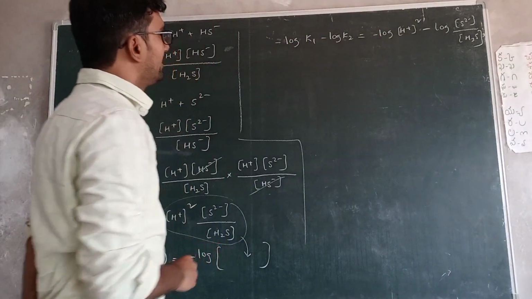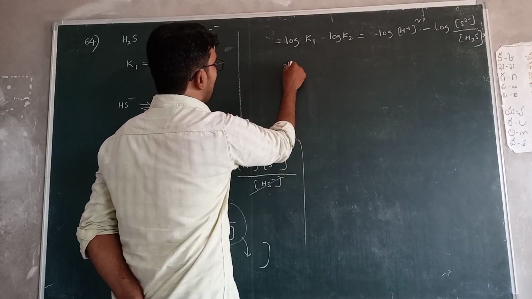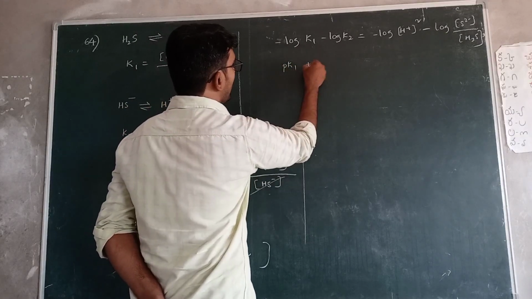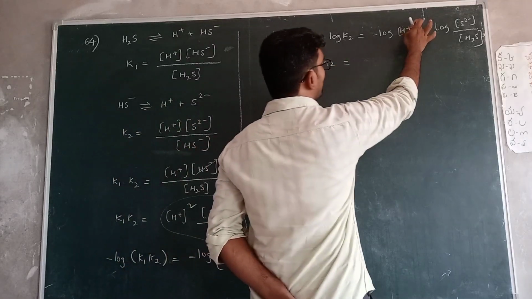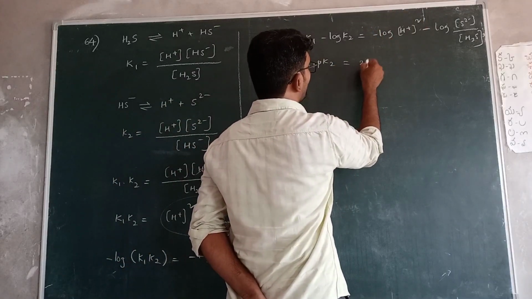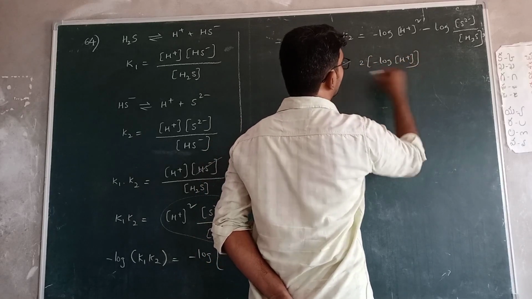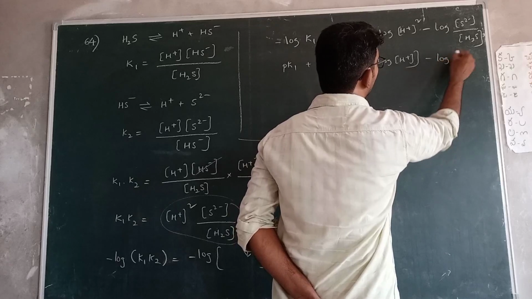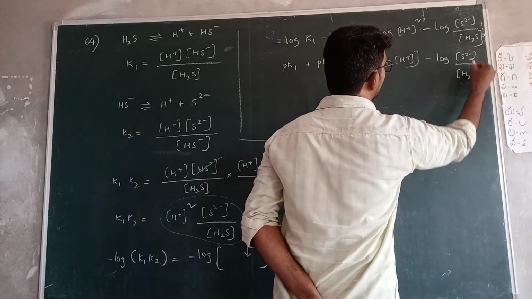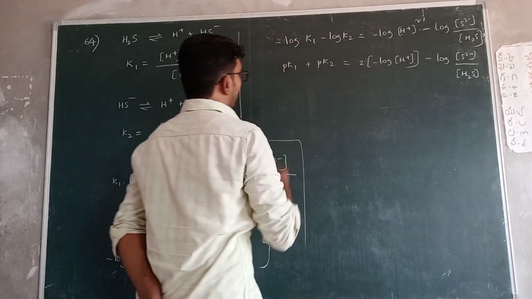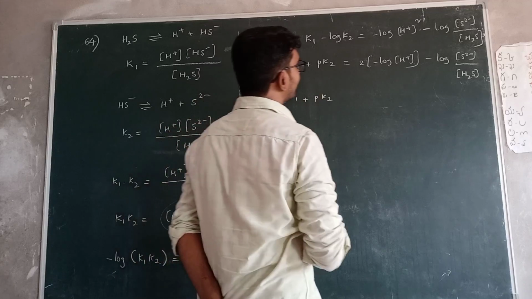Minus log K1 means pK1, so this is pK1 plus pK2. The 2 comes to the front: 2 into minus log concentration of H plus, minus log S2 minus by H2S.